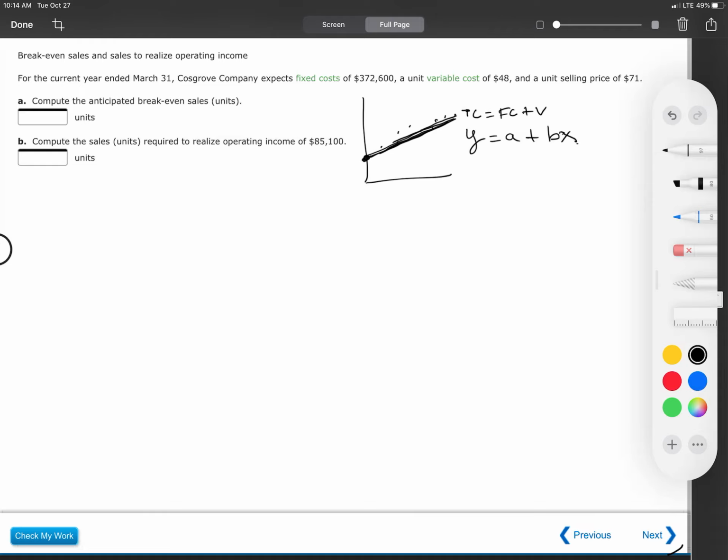Now, some books use that formula, but other books use this formula: Y equals MX plus B. This is like Spanish and English. These are two different ways of saying the same thing. Y would be total cost. The B and the M would be equal.